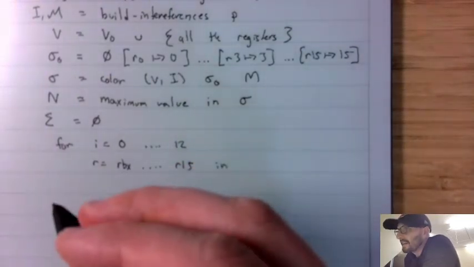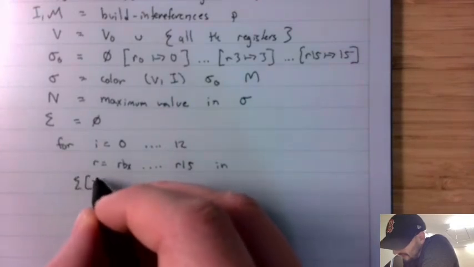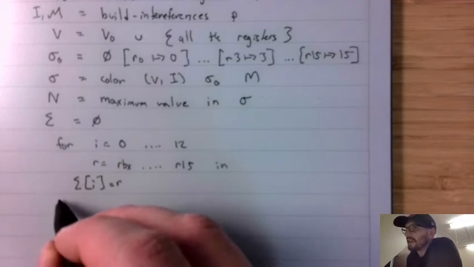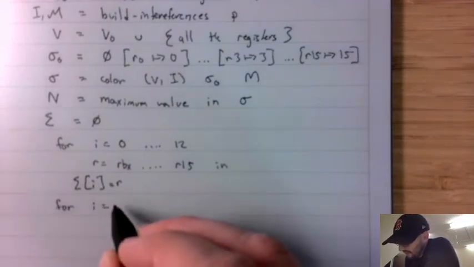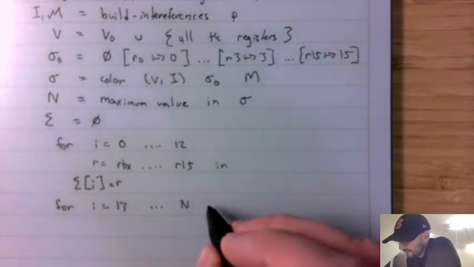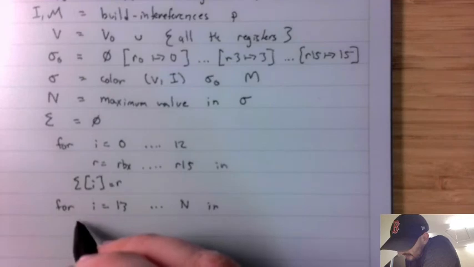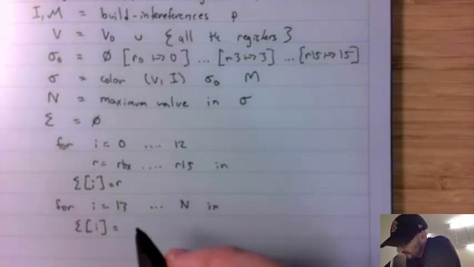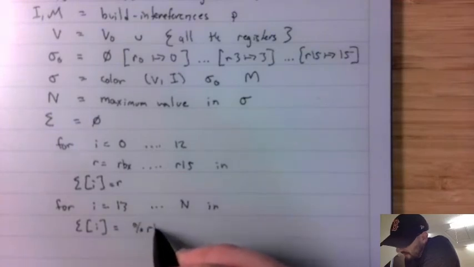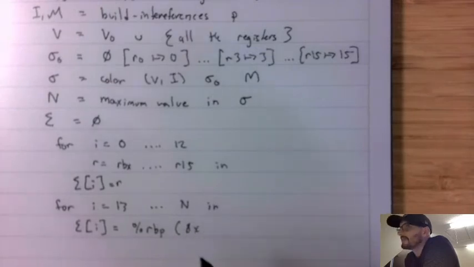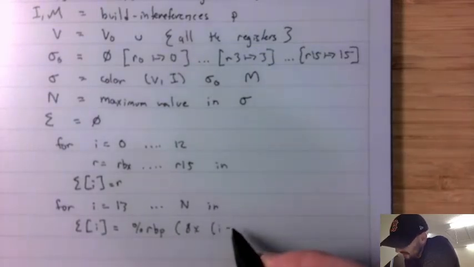We say that sigma of I equals R. Then for I equals 13 to n, which remember is the biggest number, we say that sigma of I is going to equal RBP, that's the base pointer, and then 8 times I minus 12.